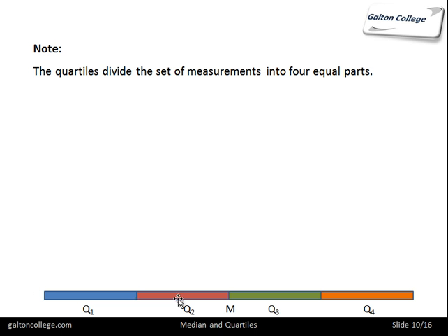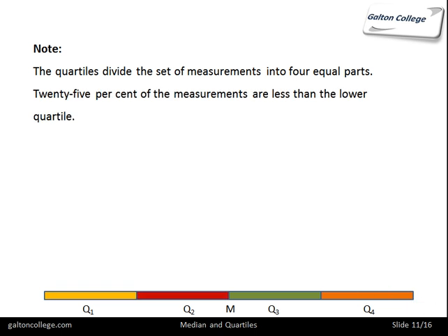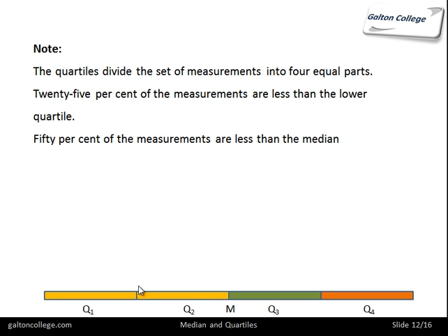Here we've got the full data set, and here we've got the first quartile, the first 25%, then the next 25%, and so on: the first quarter of the data, the second quarter, the third quarter, and the fourth and final quarter of the data. 25% of the measurements are less than the lower quartile, so 25% fall in here. 50% of the measurements are less than the median, so these 50% are less than the median here.